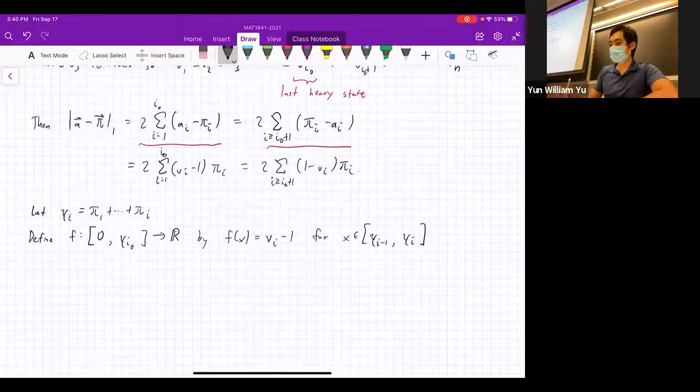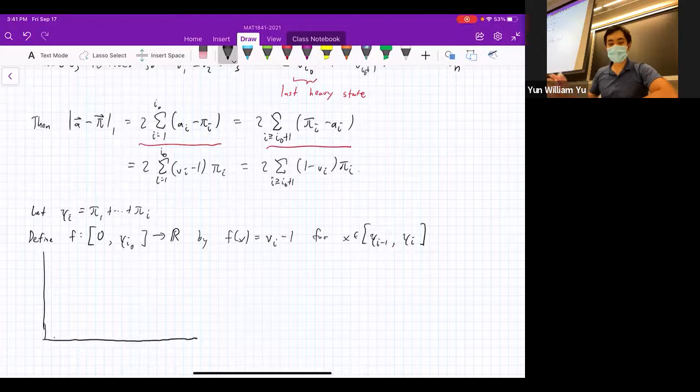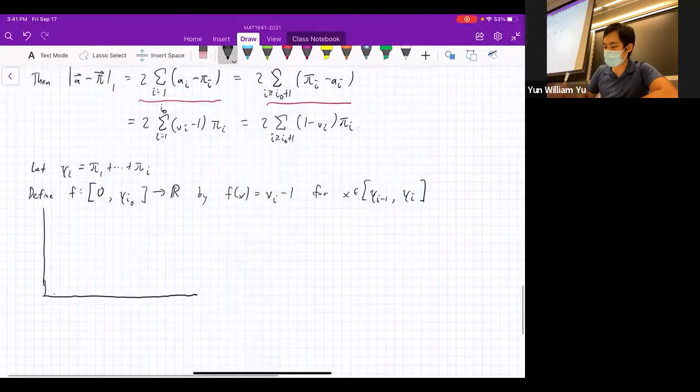What are we doing? All we're doing is writing this thing out as a function. Remember, you have your big pieces. So you have this function f here, and we have a bunch of different points along here. So this is gamma 1, this is gamma 2, gamma 3, gamma 4, and so on, gamma 5.